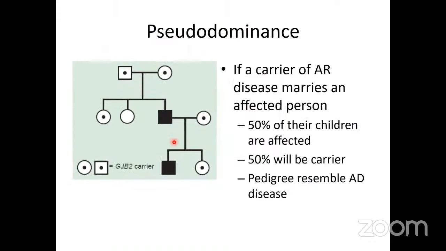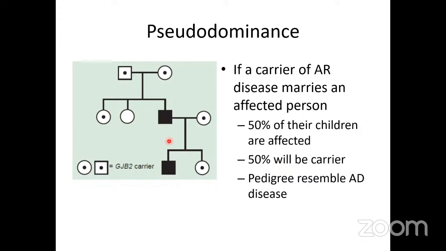Now, there is something called pseudo dominance. So, if the person affected by an autosomal recessive disease marries a carrier, there is a 50% chance of their children being affected, and 50% will be carriers. So the pedigree will resemble an AD.